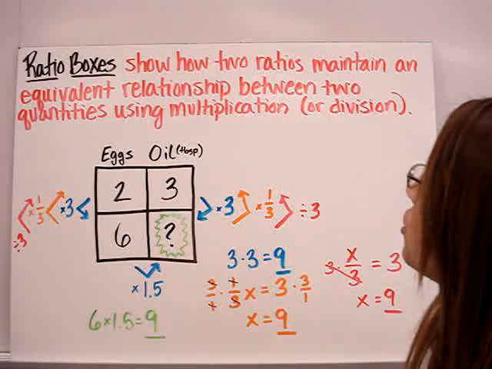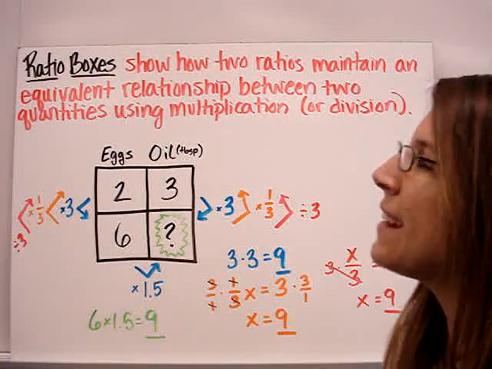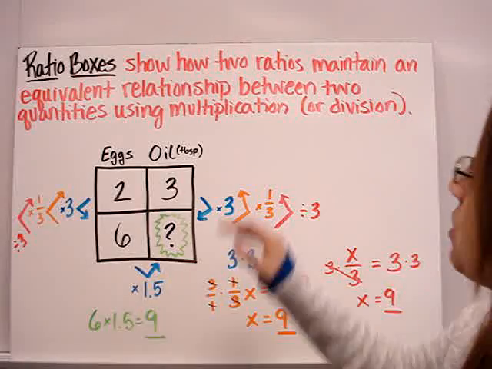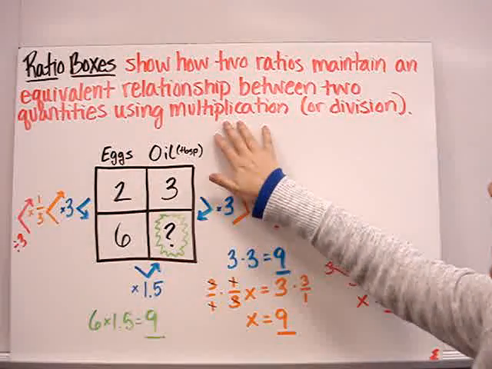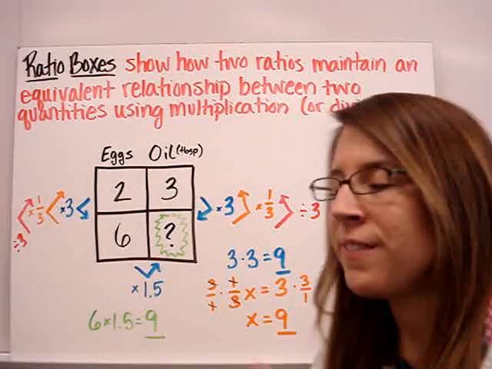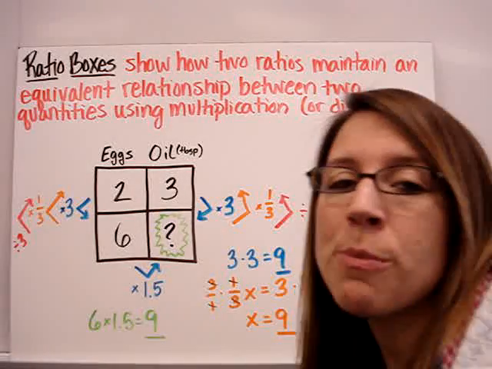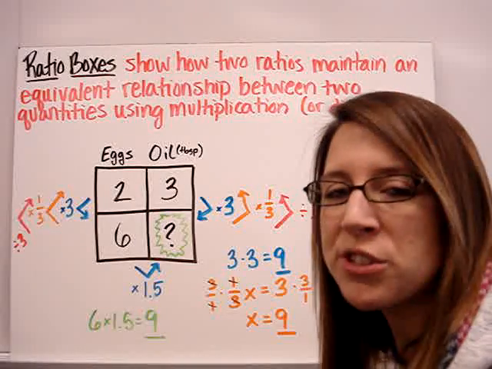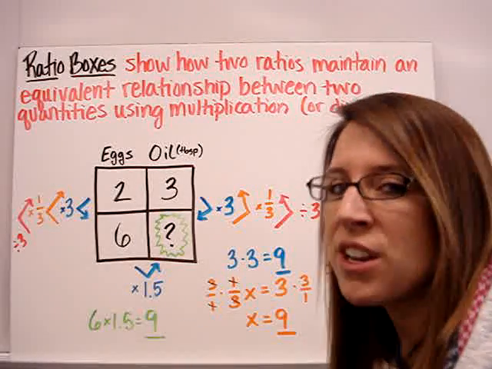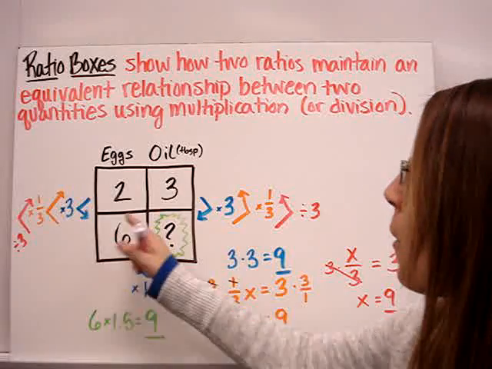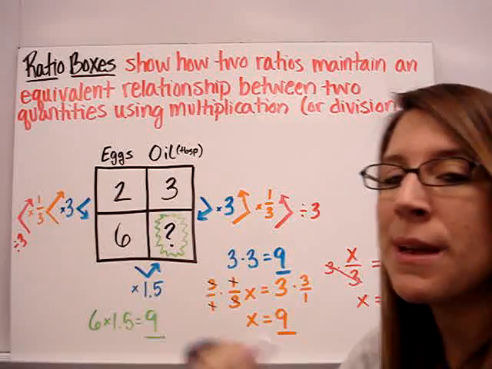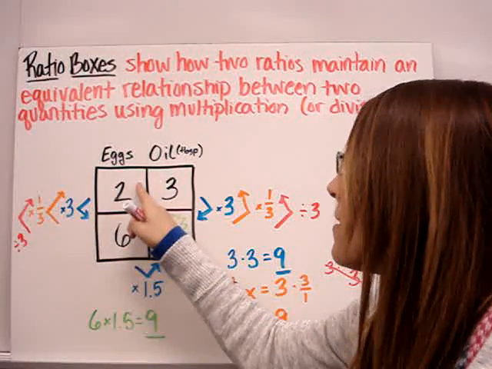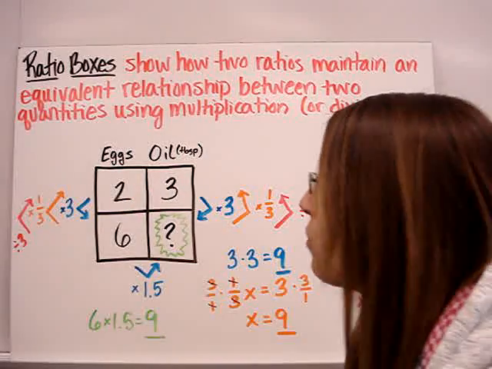Ratio boxes show how 2 ratios maintain an equivalent relationship between 2 quantities using multiplication, again, or division. We're going to be using ratio boxes an awful lot to show these ratio relationships and later to find unknown amounts. So here we have the same example, 2 eggs for every 3 tablespoons of oil.